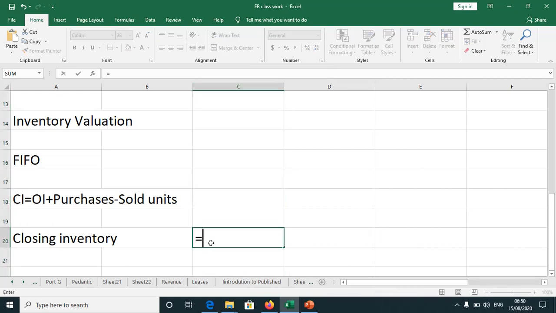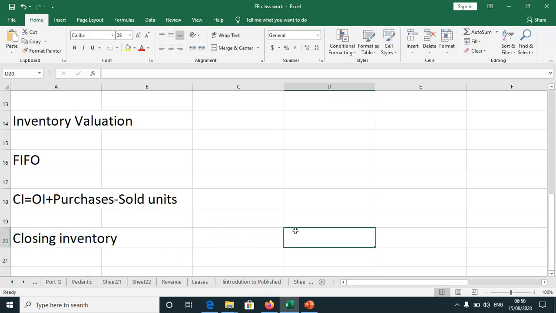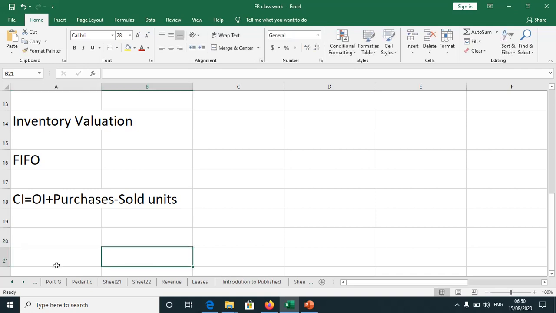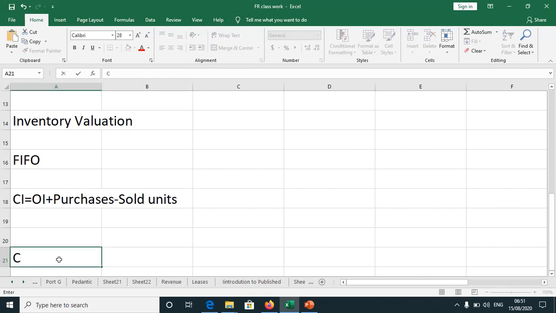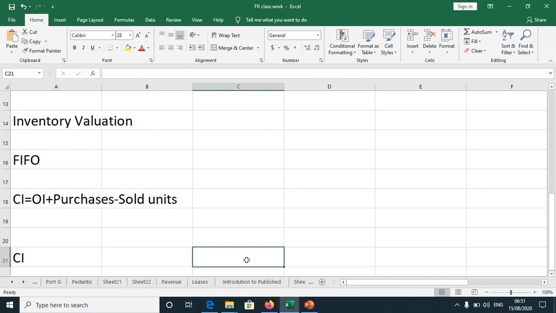Okay, so let's try again. If I can put the figure here, is it going to pick? All right. Okay, so there we go. Let's try to say closing inventory in this case will be equal to.